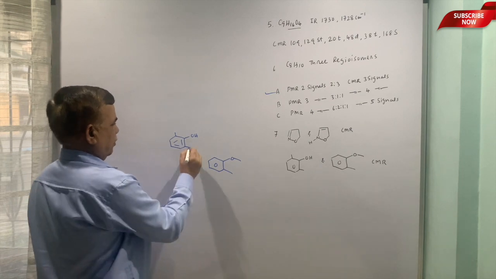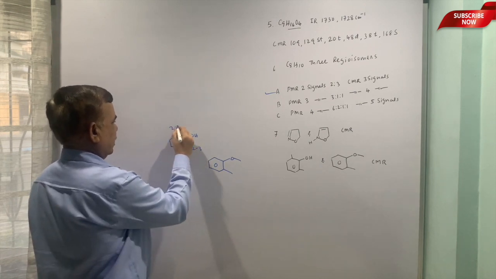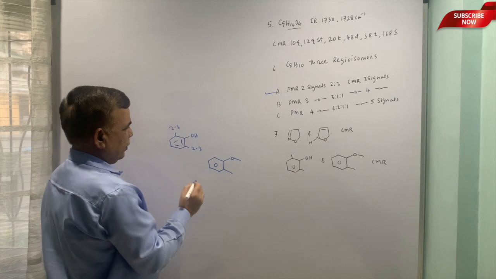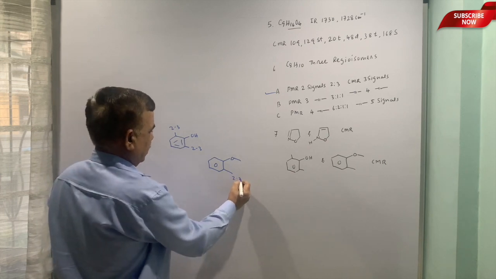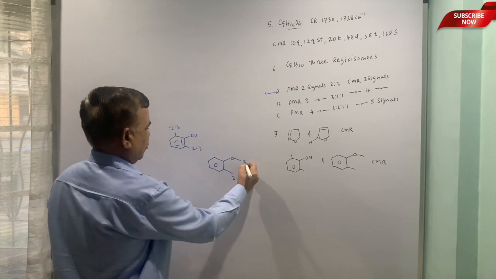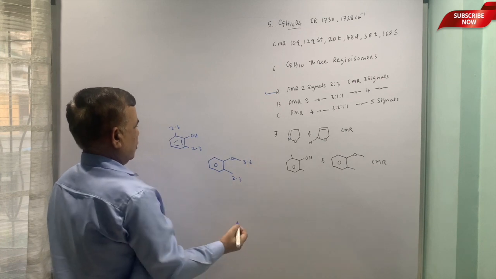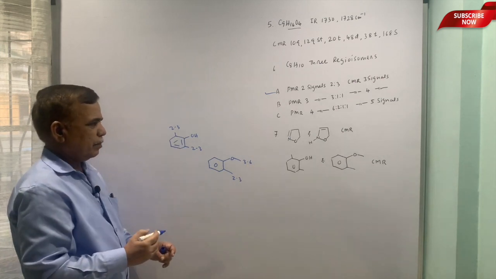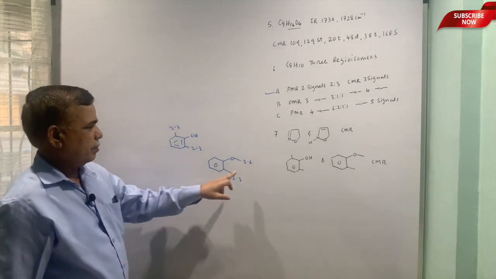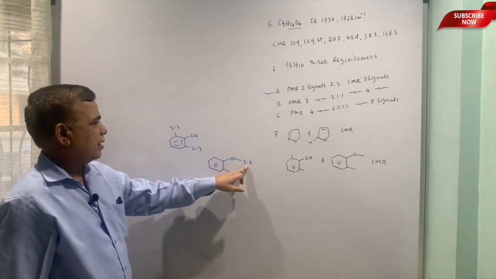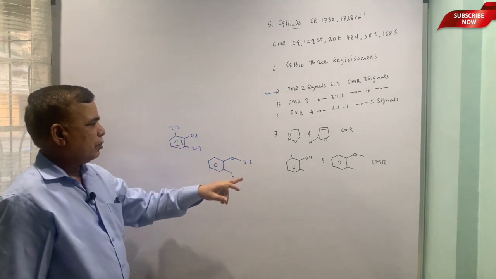Okay. Now these are around 2.3 delta. I will just put the values straight away. This is 2.3, but this will be 3.6. So OCH3 is the differentiating here, because we are talking about CMR.